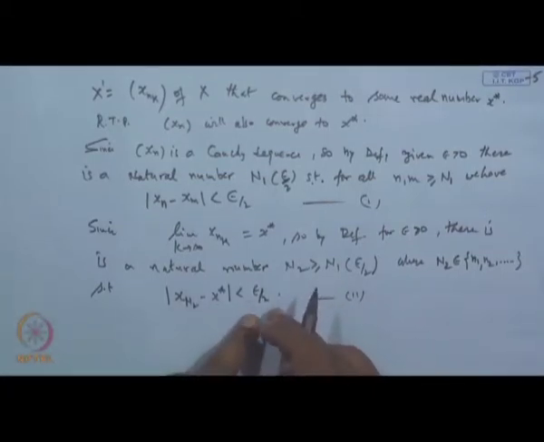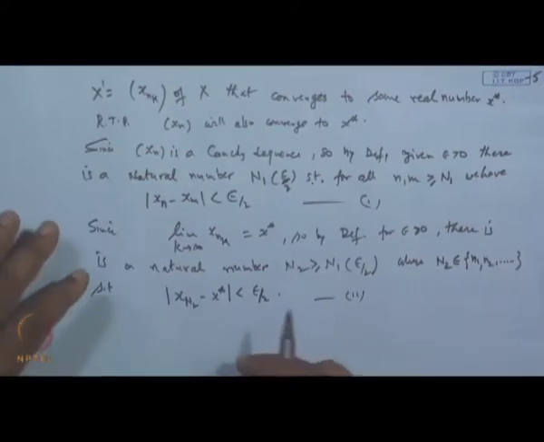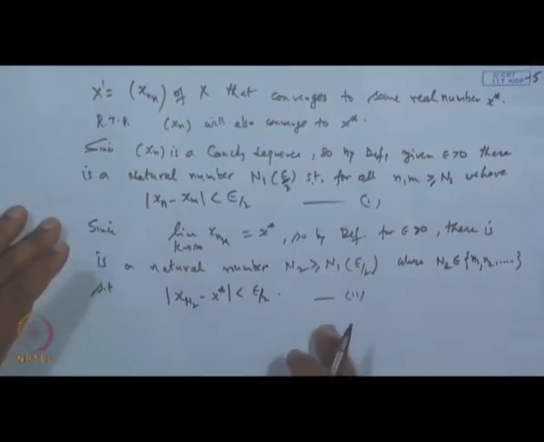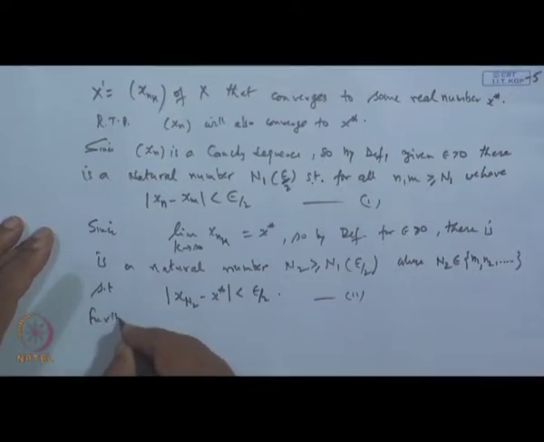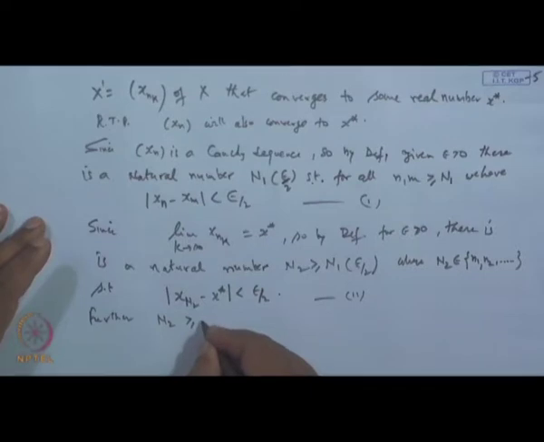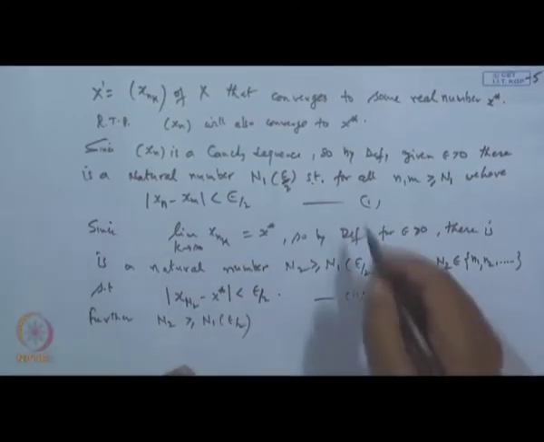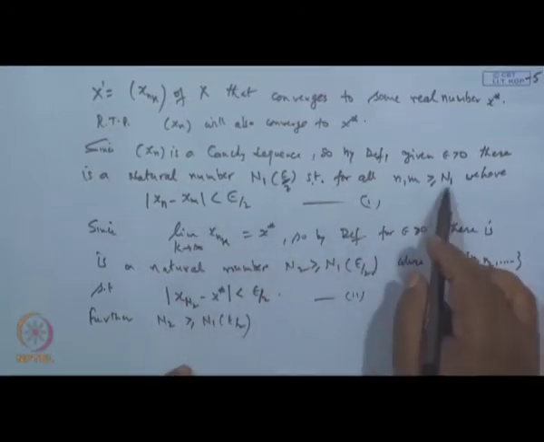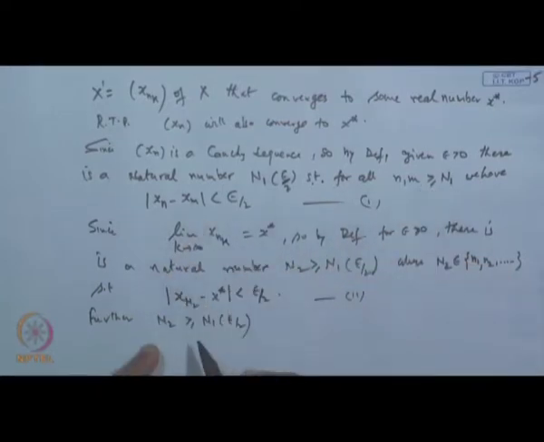Now, further, this n_2 is greater than or equal to n_1, which depends on epsilon by 2. So, from 1 the result is also valid when you replace m by n_2.